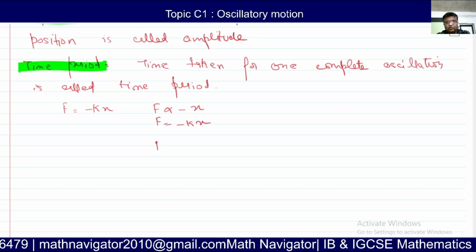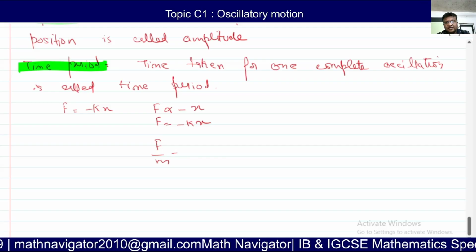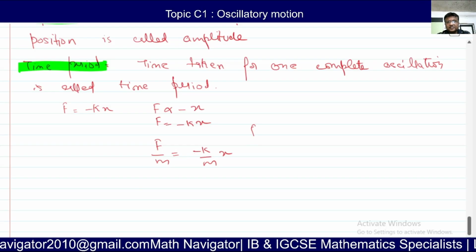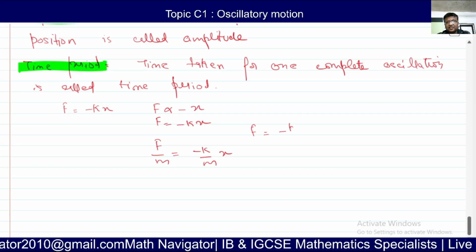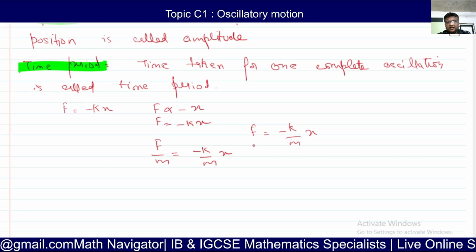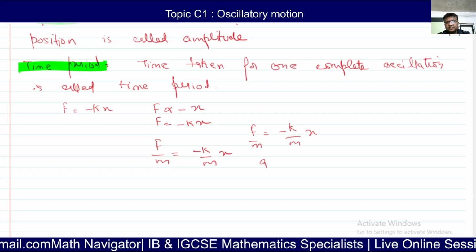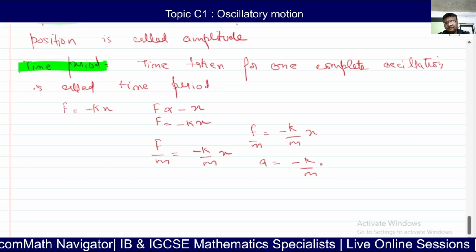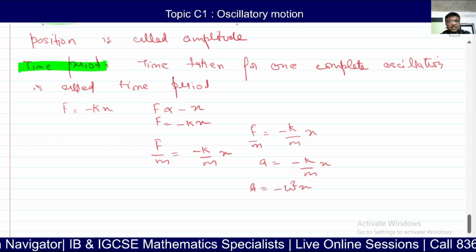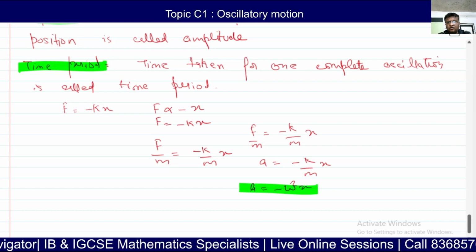F is equal to minus kx. If you divide both sides by m, it becomes a is equal to negative k by m times x, or d²x/dt² equals negative omega squared x. This is called the equation of oscillatory motion.